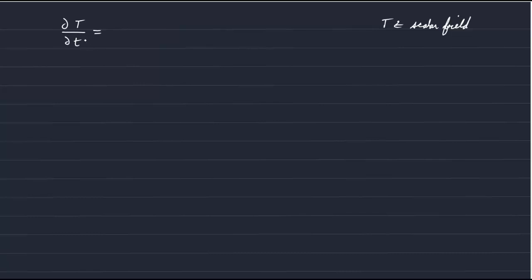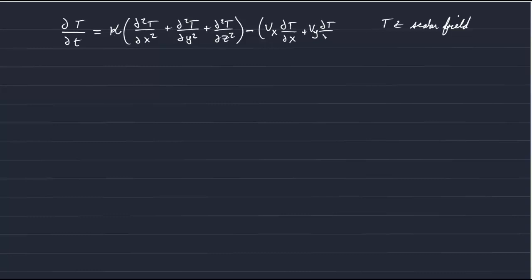So we have the partial derivative of t with respect to time. We have a constant kappa, and then we have the second derivative of t with respect to x plus the second derivative of t with respect to y plus the second derivative of t with respect to z, minus the quantity Vx, the x component of a vector field, times the partial of t with respect to x, plus Vy times the partial of t with respect to y, plus Vz times the partial of t with respect to z.